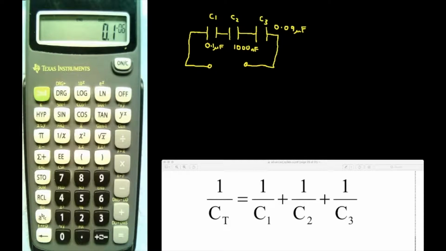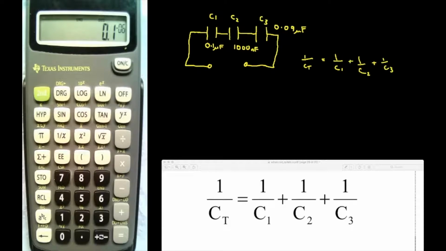And I want to turn that upside down because at the moment I've put in 0.1 microfarads, but I want 1 over 0.1 microfarad because the formula, remember, is the formula you see below. 1 over Ct is equal to 1 over C1 plus 1 over C2 plus 1 over C3.